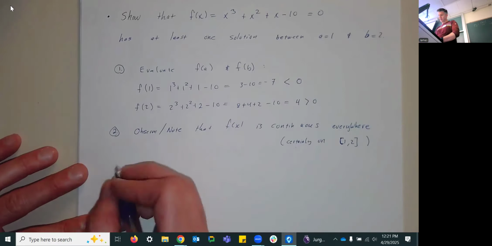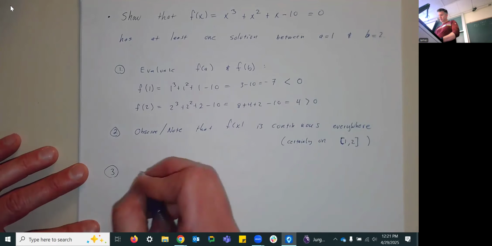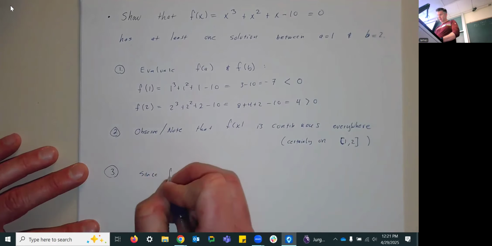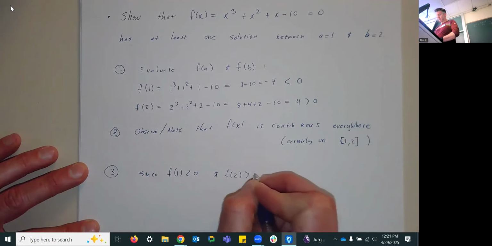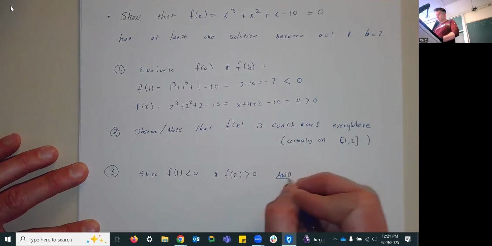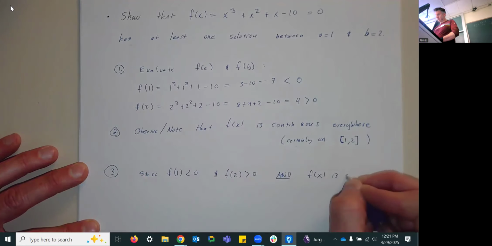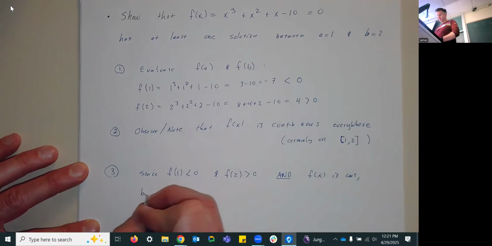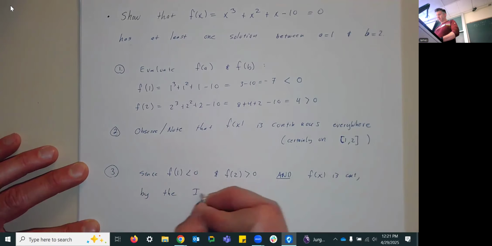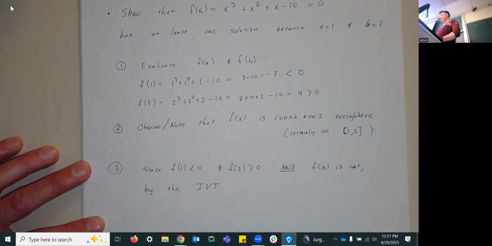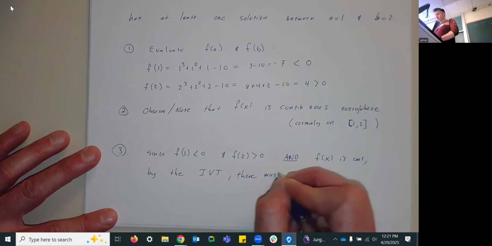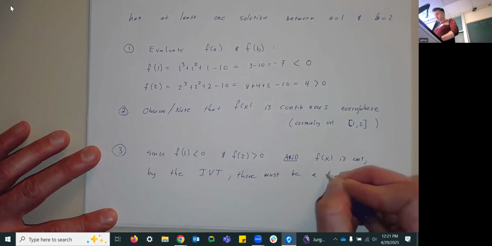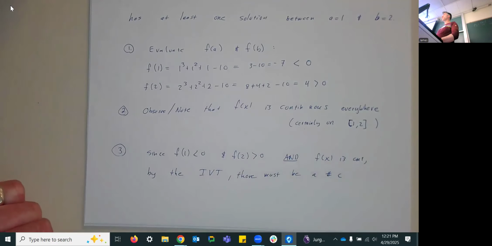And then the third part is summing up what we want to say. Since f of 1 is negative and f of 2 is positive and f of x is continuous, by the intermediate value theorem, which we almost always abbreviate as IVT, there must be some C. Where does C live? Between what two numbers?